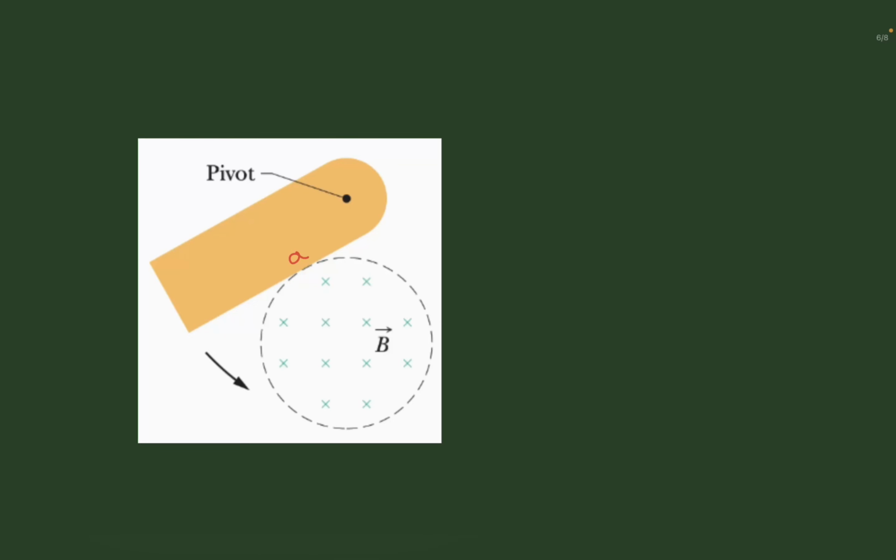So now the induced current will generate in such a way that it will produce a magnetic field that is going to come out of the page. So I want the magnetic field here to come out of the page, right? So that the magnetic field coming out of the page will oppose the magnetic field that is going into the page when this sheet enters into the magnetic field.